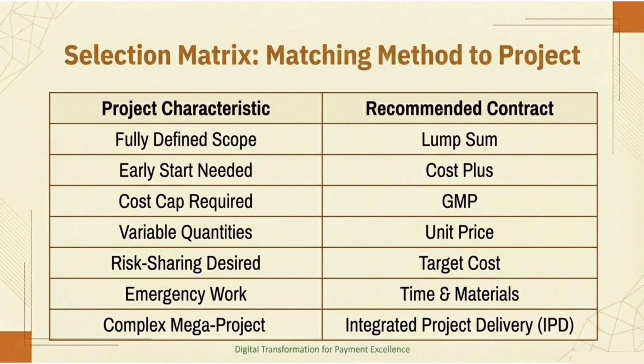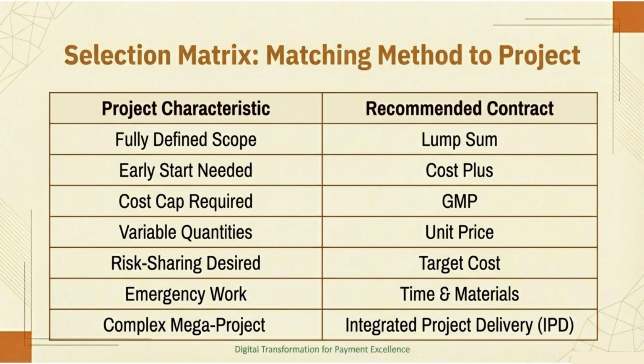Scenario 3. You need a cost cap to secure financing, but scope might evolve. GMP. Scenario 4. You're building a highway and don't know exactly how much earthwork you'll need. Unit price. Scenario 5. You want owner and contractor to share both risk and reward. Target cost.